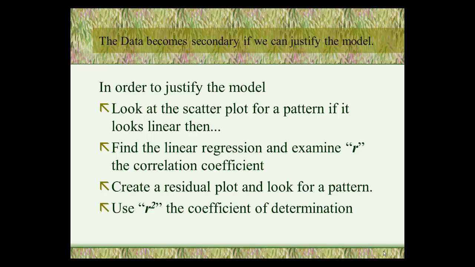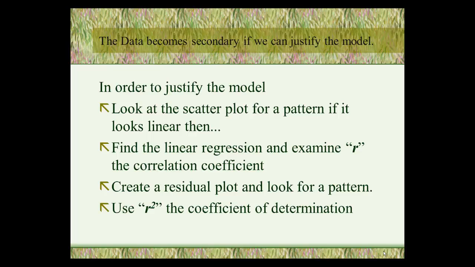The next step would be to find the linear regression using some sort of technology, to be shown in a later video, and then examine the R value. R represents the correlation coefficient that we discussed in previous videos. Here, we would then move on to creating a residual plot and looking then for a pattern.